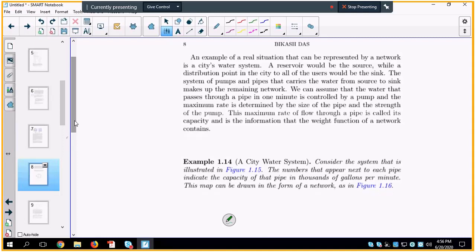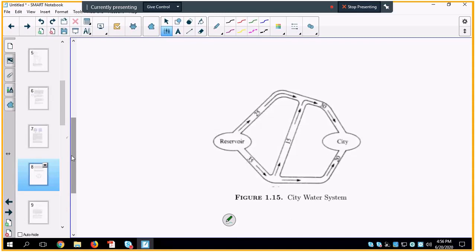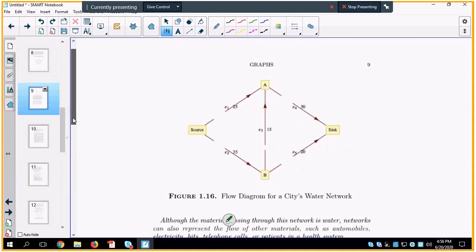So here's an example of a city water system. The numbers that appear next to each pipe indicate the capacity of the pipe in thousands of gallons per minute. This map can be drawn in the form of a network. So here's the map version, and we can translate that map into a network.